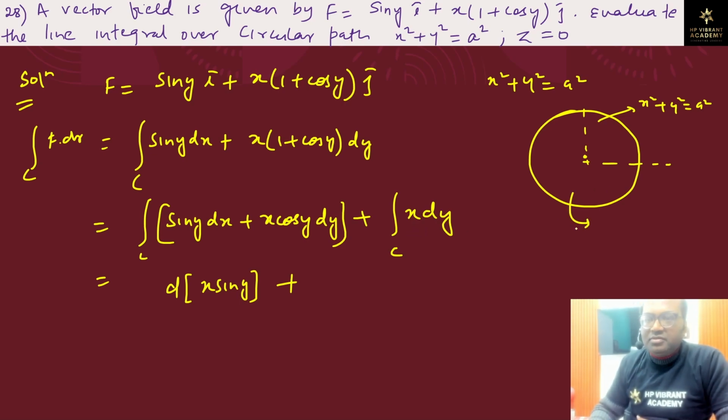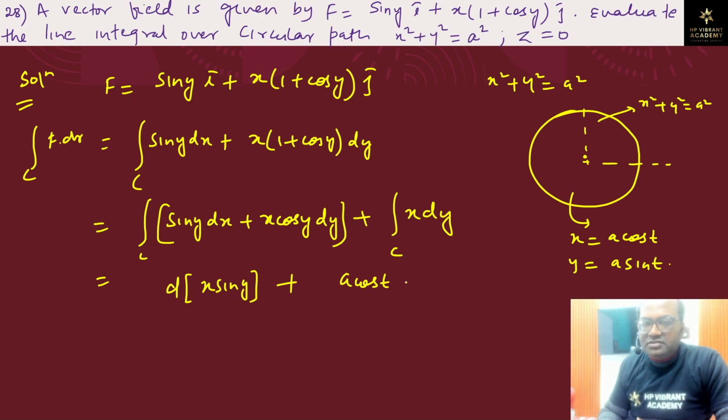Okay, so in the parametric form we can represent the circle as x is equal to a cos t and y is equal to a sin t. Okay, and x times of dy. So we have value of x as a cos t, and dy will be a cos t dt.